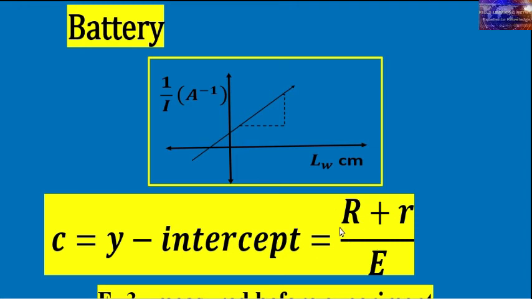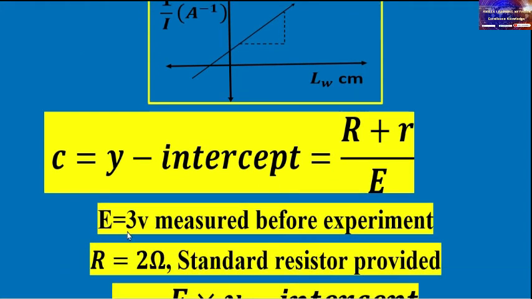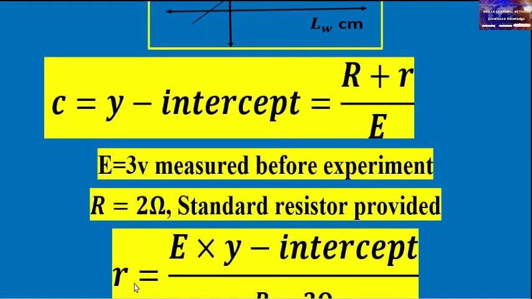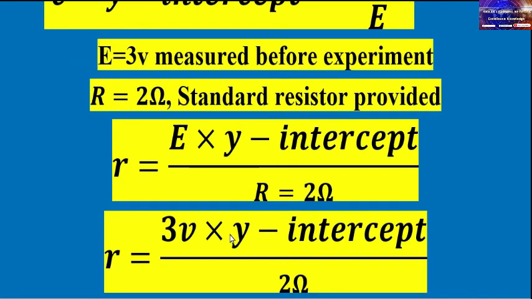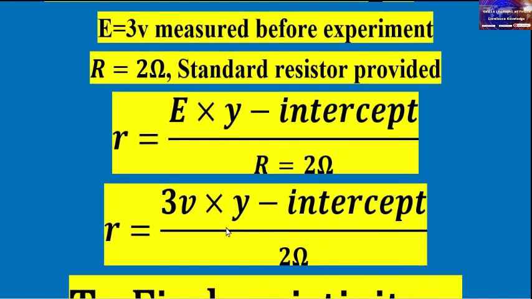R is the standard resistor you have been provided, which is 2 ohm. EMF was measured before the experiment. So in order to get the value of internal resistance, it is equal to EMF times y-intercept over the 2 ohm resistor. That is the value of internal resistance you can obtain.